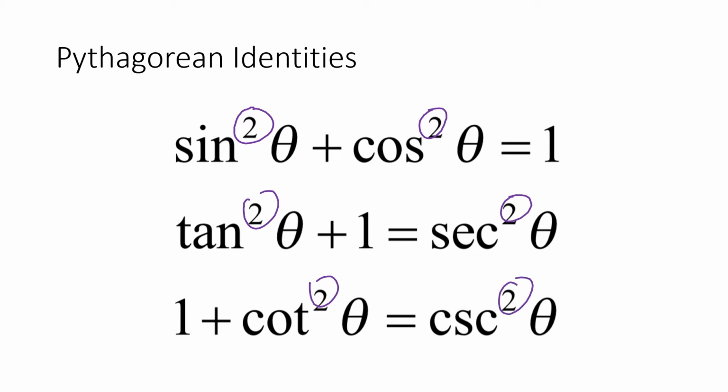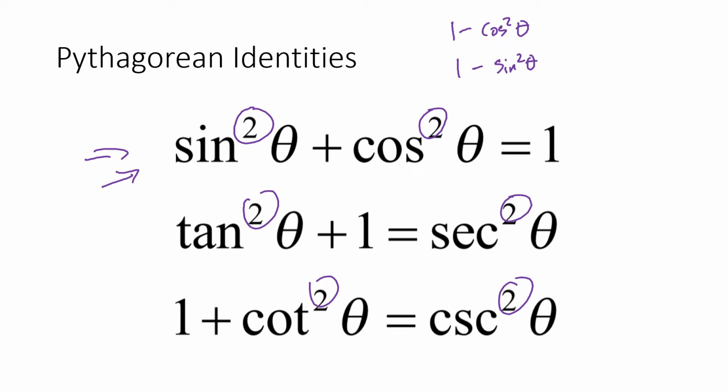So if we're trying to see if we're going to use a Pythagorean identity, look for some trig function squared and look for a 1 somewhere in that same expression. As an example, if I see 1 minus cosine squared theta, that makes me think of this identity. Or if I saw 1 minus sine squared theta, same identity.